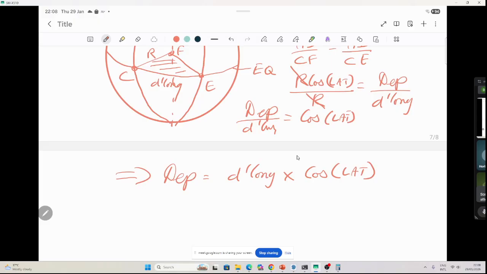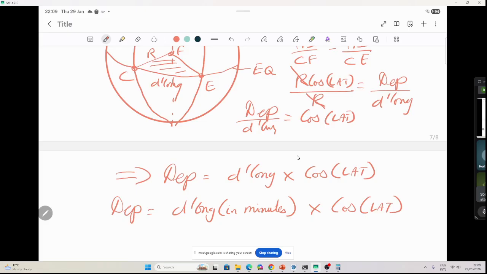Okay, since departure is in minutes of arc, you have to keep the d long in minutes as well. Okay, so I will modify the formula like this. D long in minutes into cos latitude. You cannot multiply a degree with a minute.